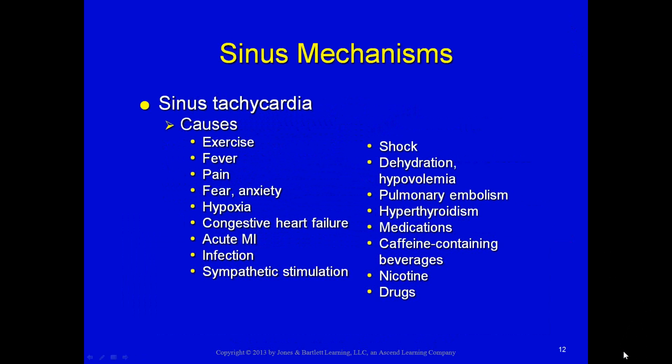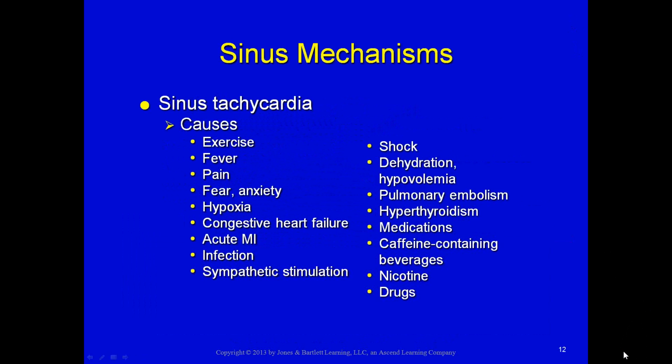Now, sinus tachycardia can be caused by a lot of things, and it becomes our responsibility when we're assessing a patient who has a rate greater than 100 to see which of these things are present, and if we can fix it, then that's certainly something we would do so that the heart rate would return back to normal.